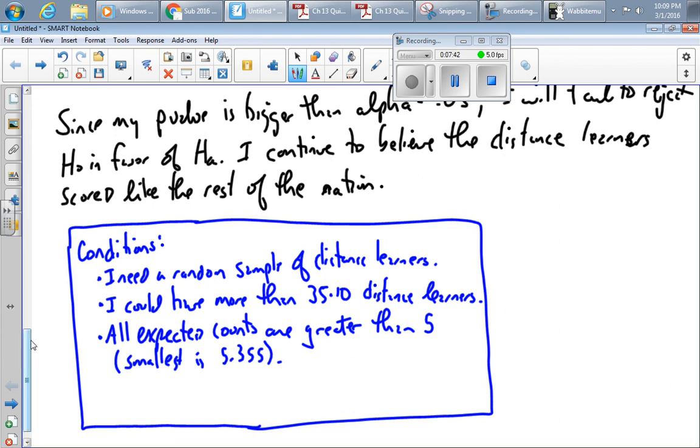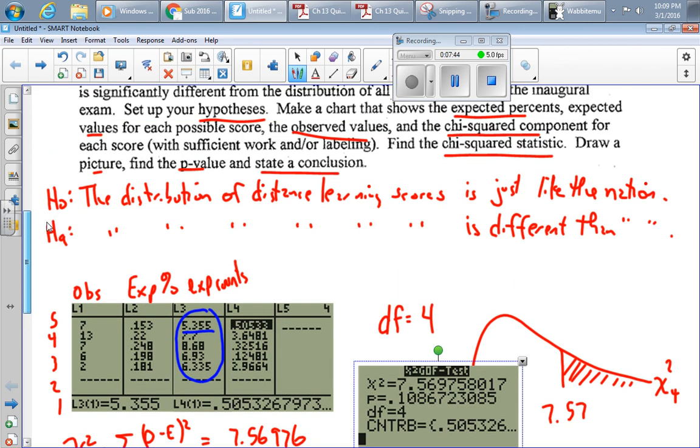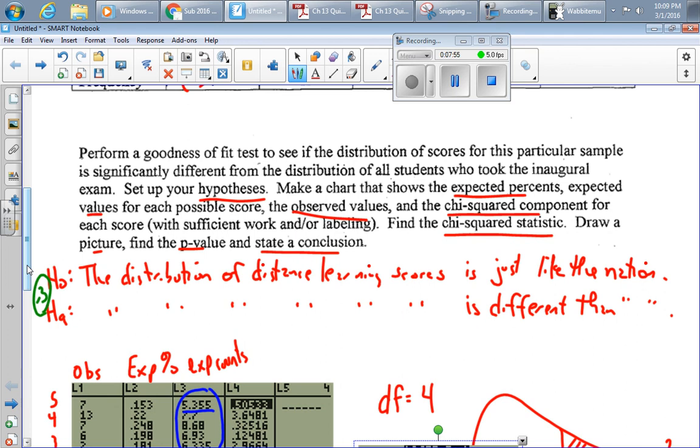Now let's go back and assess points for everything. So I'm going to have the H0 and HA be worth 3 points, and we'll basically set it up off of what they were told to do. They said make a chart that shows the expected percents. That's a point. The expected values for each, that'll be worth 2 points because you have to do a little bit of work there.